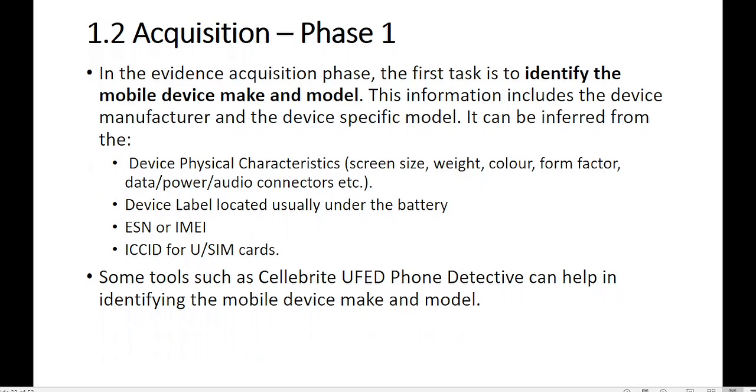So you have to know all those form factors. Form factors simply refers to the motherboards, right? And of course the device label. These are very important things that you need to capture, right? And of course we have the electronic serial number, or the IMEI. This is very important. And of course we have the integrated circuit identifier, right?